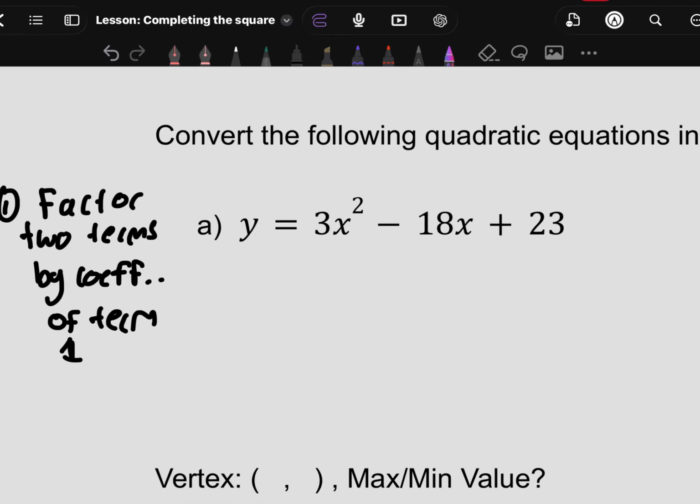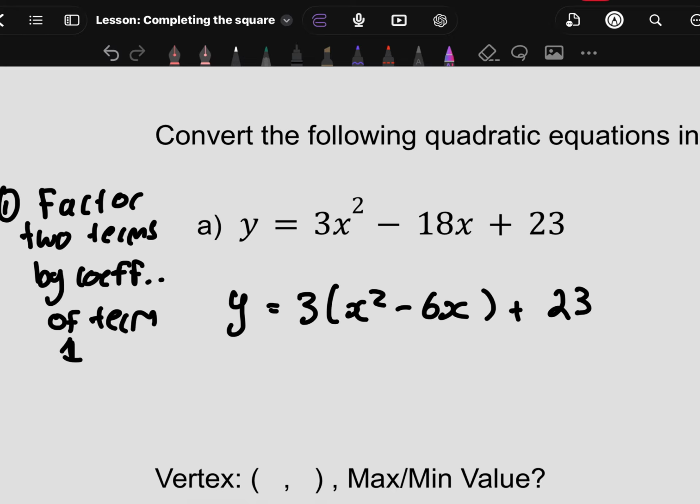What this means is that this is our term 1, and we need to factor all of this by that same thing. So we factor it out, getting y equals 3, then x squared, negative 18 divided by 3 is minus 6x. That's the first thing we do. We close that bracket up, and we keep the 23 here.